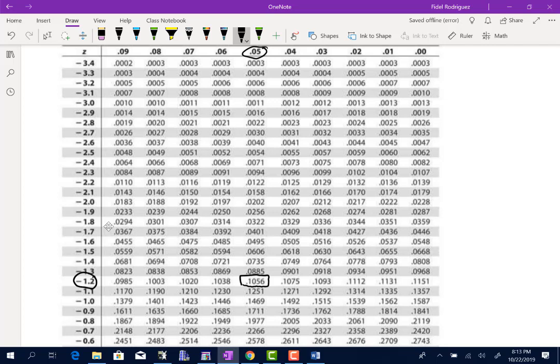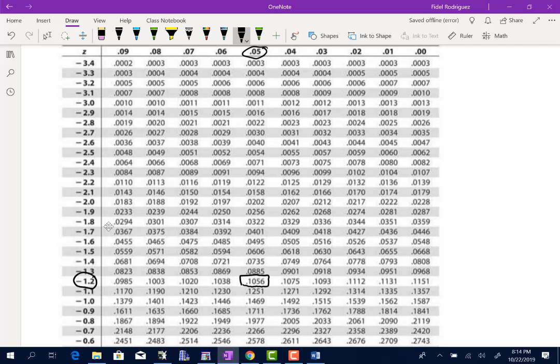If you were looking for negative 1.22, we would continue until we get to that 02 part, right? So think about it this way. Here's the number to the left of the decimal. Here's the first one to the right. And then the numbers over here. Do you notice how the first number is 0? So it's really saying the first number is only going to be a 2. That number is going to be a 5. So negative 1.25, and so in essence, aren't we looking at that number right there, the 0.1056? Fred, are we good?